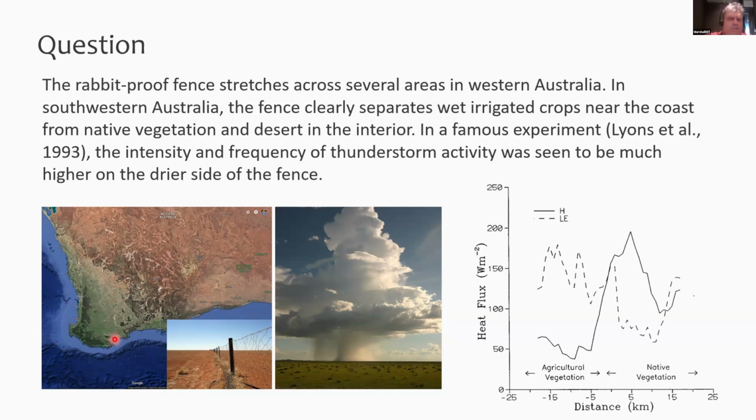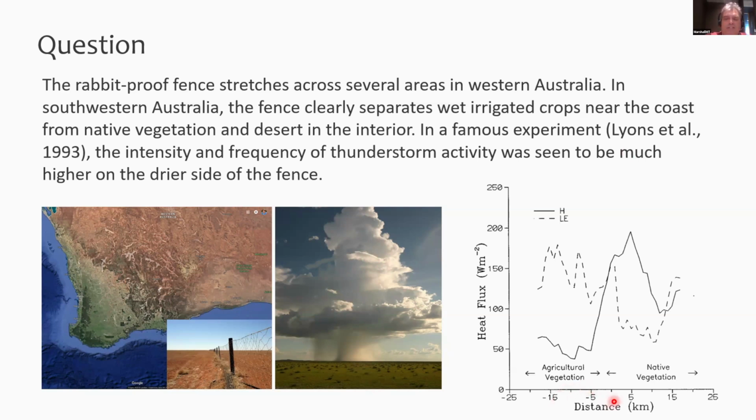And in this very famous experiment in 1993, they actually saw that thunderstorm activity, which you can see here, this beautiful cumulonimbus cloud, was much higher on the dry side of the fence than the wetter, sort of more lush, irrigated side. And so this is a nice chart that I think illustrates it.